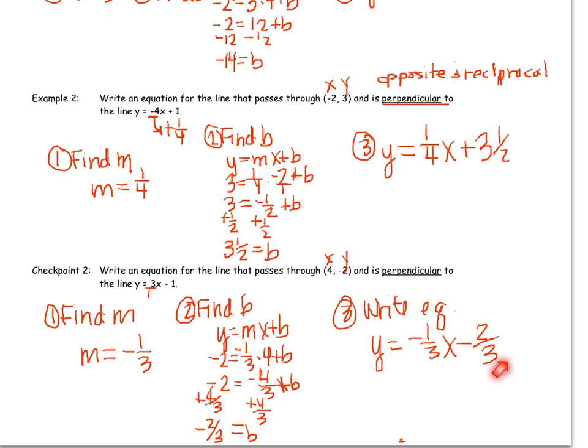This side should equal your negative 2. You know it's got the correct slope, it's perpendicular, and as long as this point checks out in here, your answer should be correct. Let's do the other side.